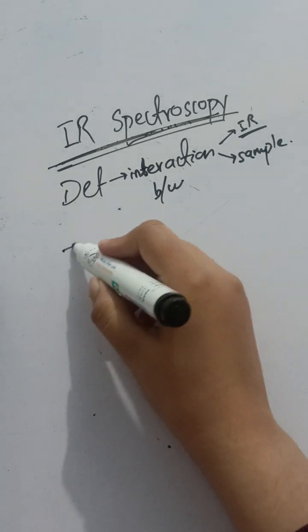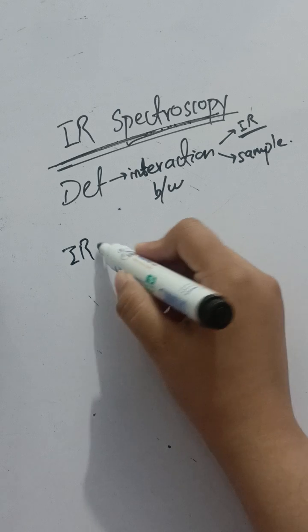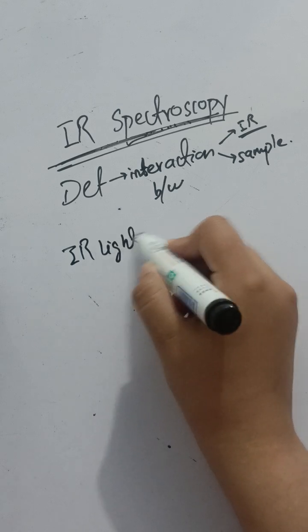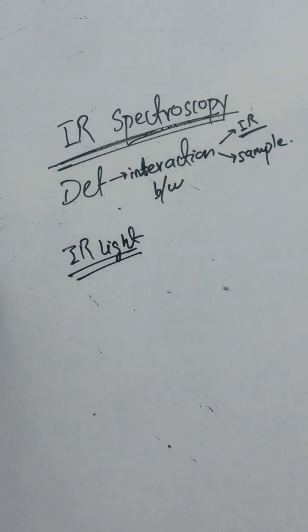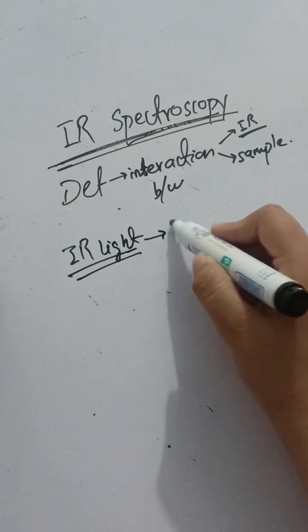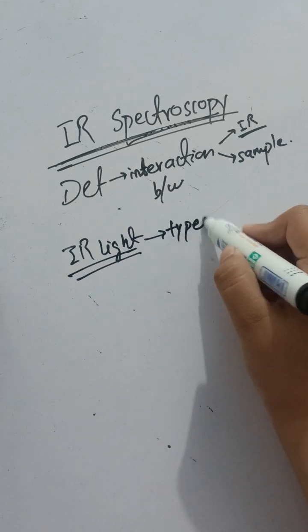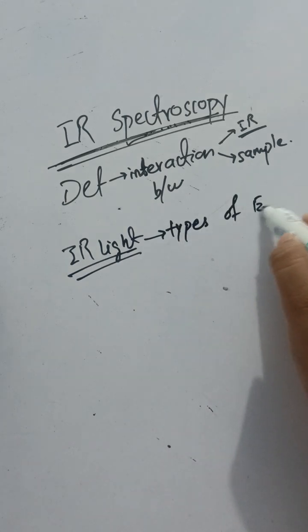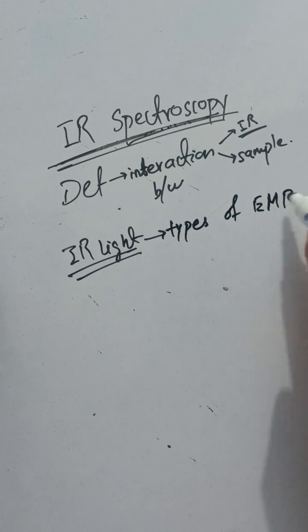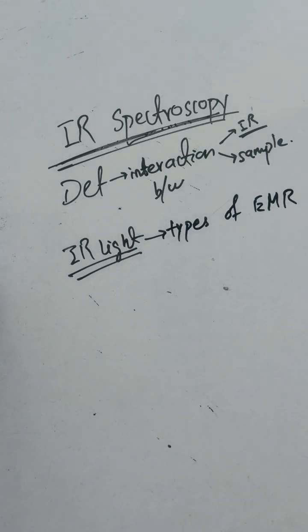Now what are IR rays, or what is IR light? It is a type of electromagnetic radiation, EMR, that has a wavelength longer than visible but shorter than the microwave or radio wave.